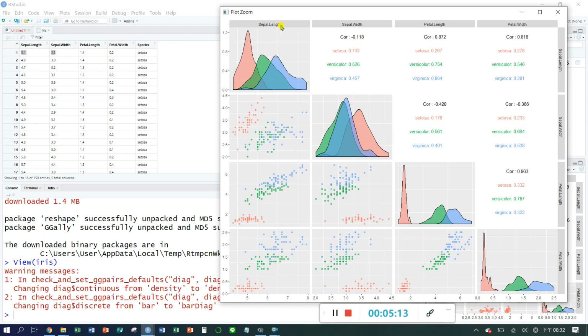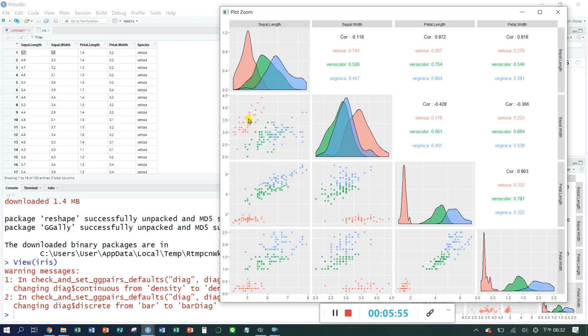For the sepal length, 5.1 is all the way here, and 3.5 is here. So for the first observation, the computer just draws a point here, right?